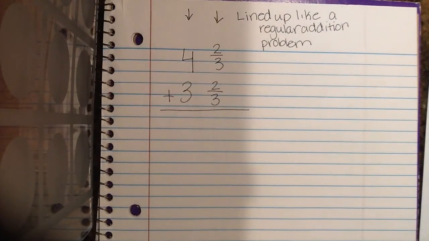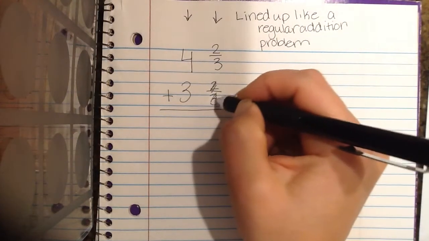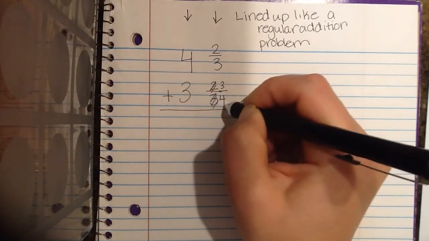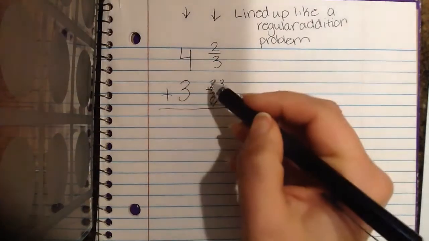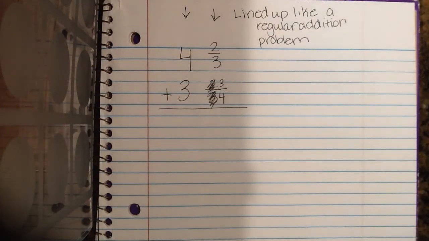Okay, so I already have common denominators. I'm going to change this problem. Let's just say this problem was different. I'm going to change this to 3/4 so we actually have a good problem to work with. Because if we didn't, then we don't have any common denominator work to do.